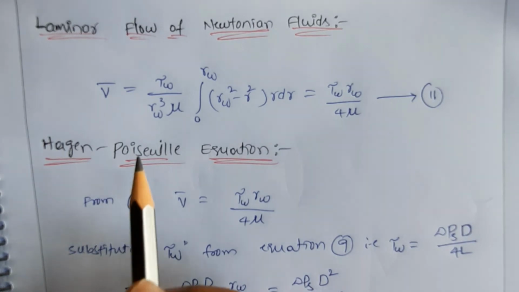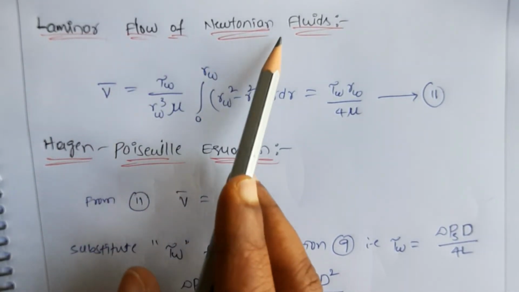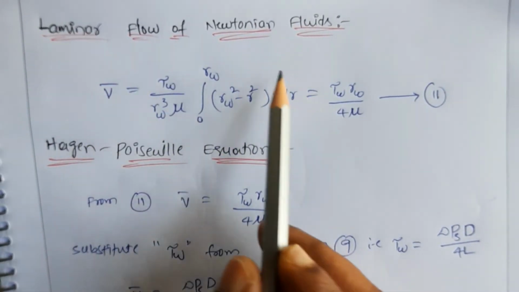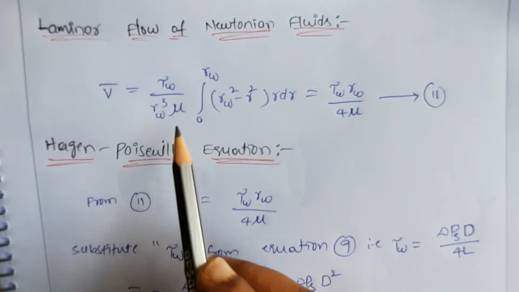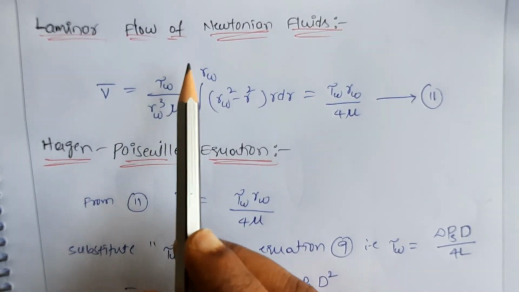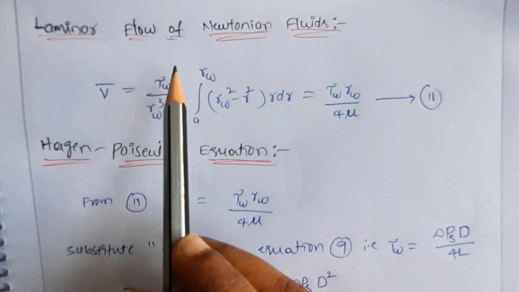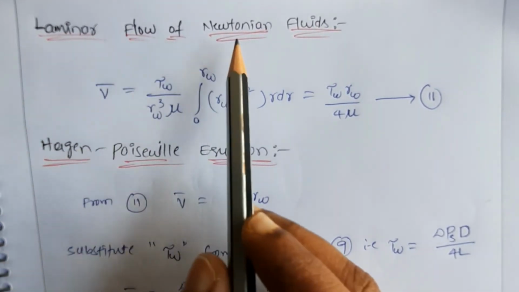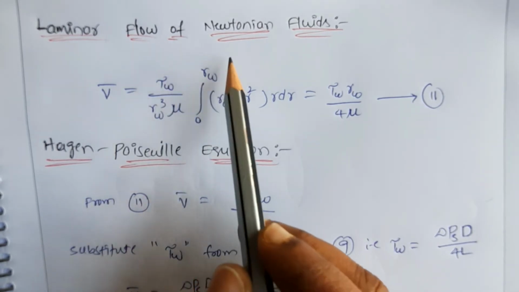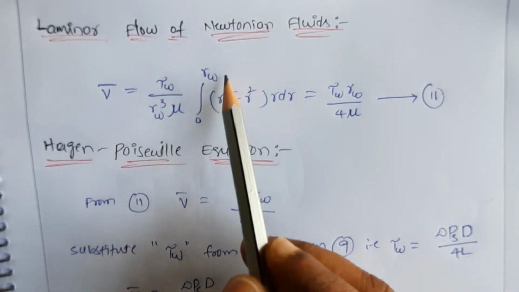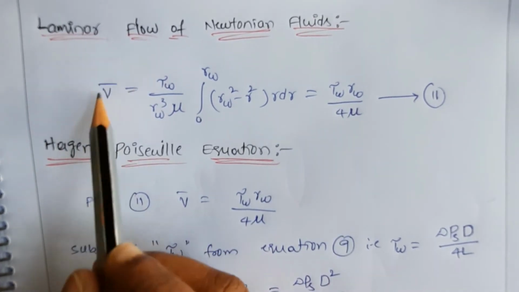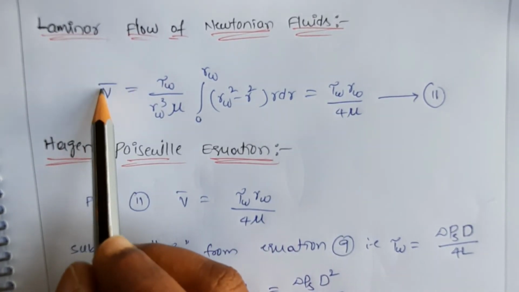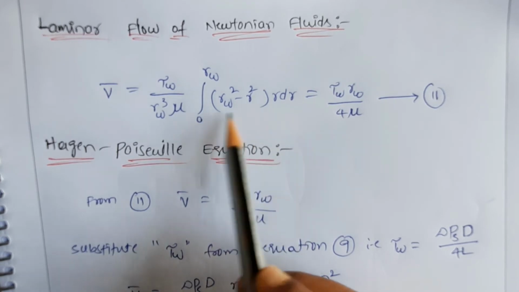Specifically, now we will see laminar flow of Newtonian fluids. The concept explanation related to this part is given, with the link in the description, so we will go through that one. From this you will get the average velocity expression.